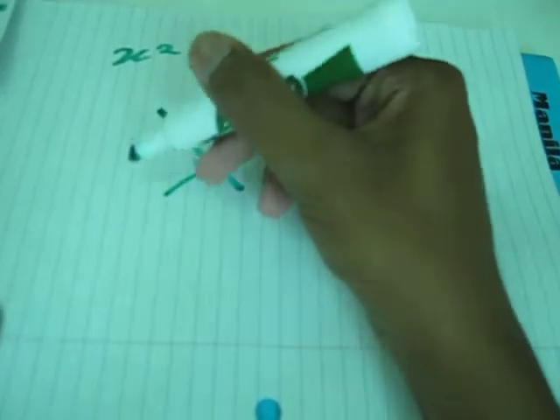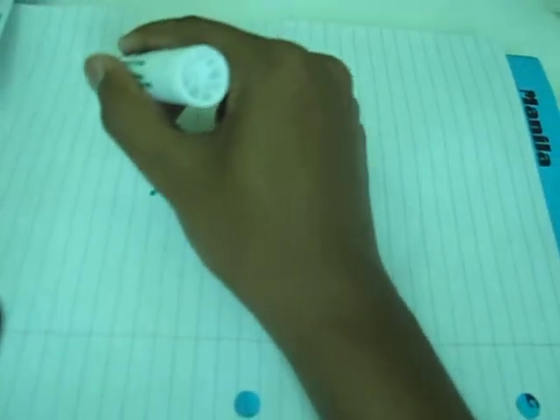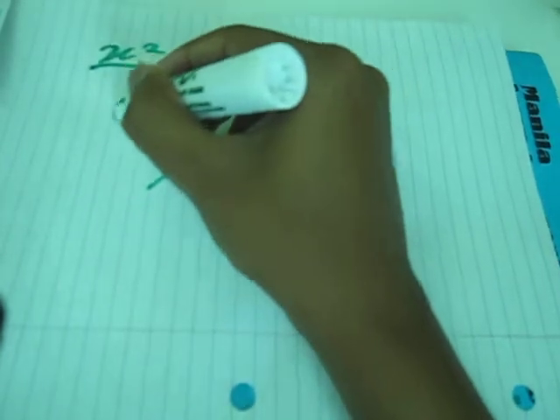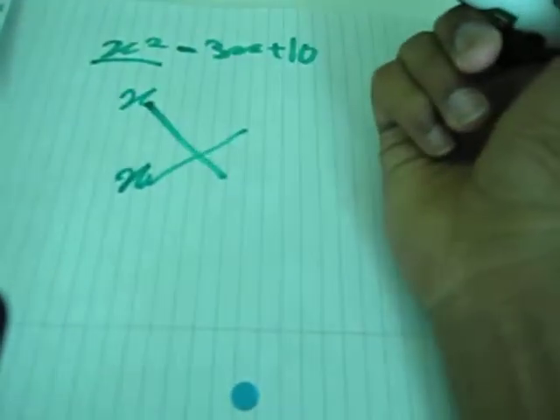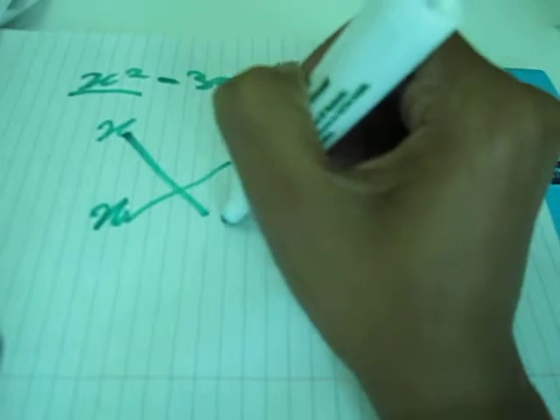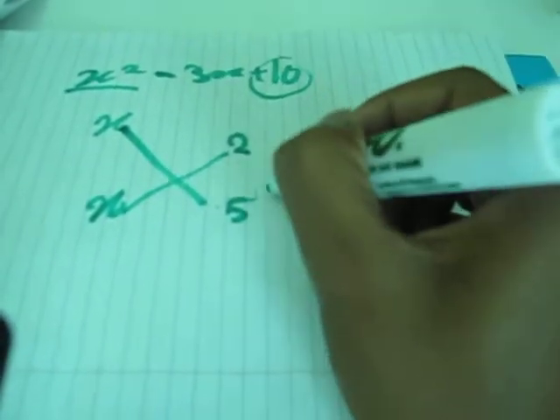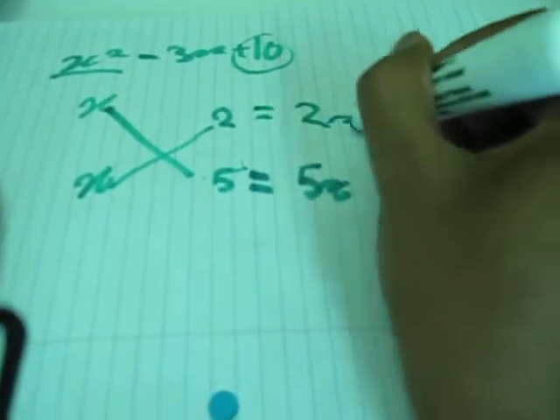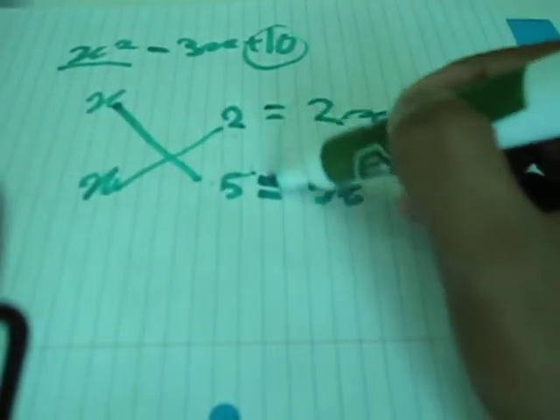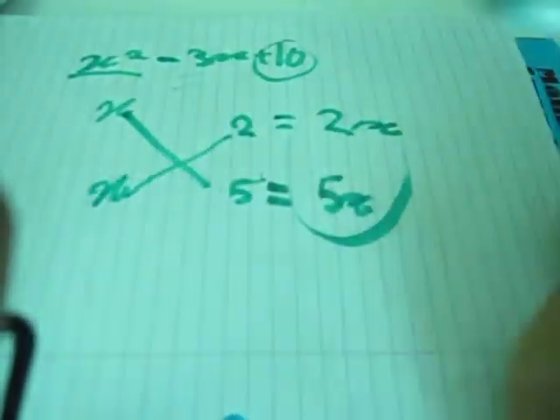So what two numbers, if we multiply each other, will equal the first value, x squared? Well, we have x and x. There's no other possibility. And now what two values, when you multiply each other, equal 10? Well, we have 2 and 5. So if we do the crisscross method, we know that 5 times x equals 5x, and 2 times x equals 2x. So now how can we use these two products to equal the middle value, which is negative 3x?